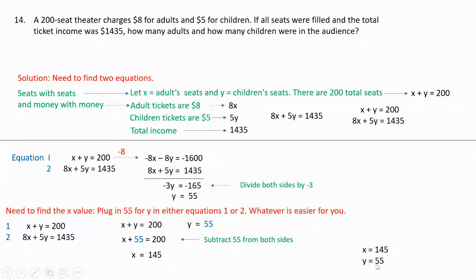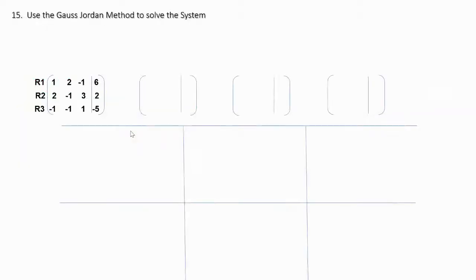So x equals 145 and y equals 55. x represents adult tickets or adult seats, and y represents children's seats. So there's my answer: 145 adults and 55 children were in attendance. And again, this is how you apply solving systems of equations in real-life application problems.